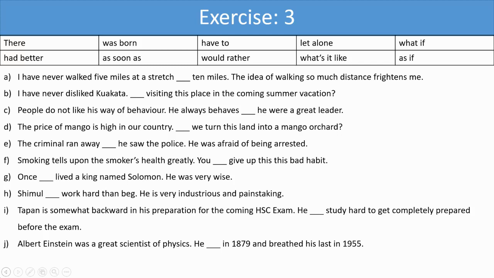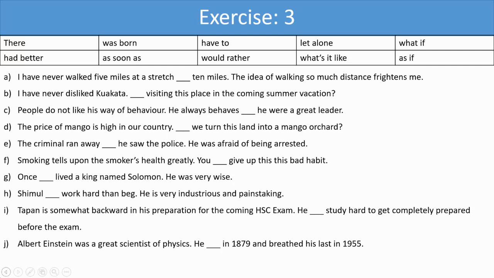Number A. I have never walked 5 miles at a stretch, let alone 10 miles. The idea of walking so much distance frightens me. Number B. I have never disliked Kuakata. What's it like visiting this place in coming summer vacation?